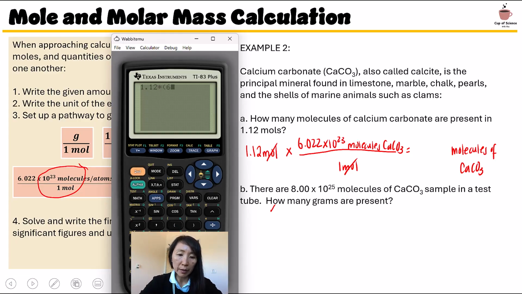I'm going to put them in parentheses just to get used to putting in parentheses, times 10 to the 23rd. Okay, we get 6.74 times 10 to the 23.